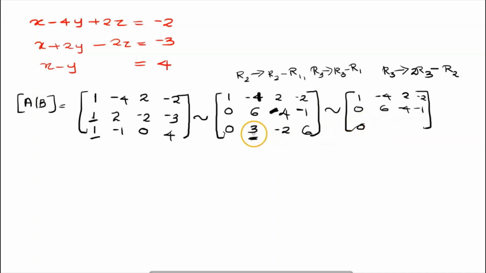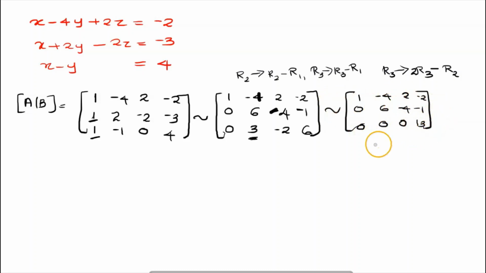This is 2 into 3, 6 minus 6, 0. This is -2, -4, -4 plus 4, that is 0. This is 6 into 2, 12, minus -1, 12 plus 1, 13. So this is the reduced form of the augmented matrix.